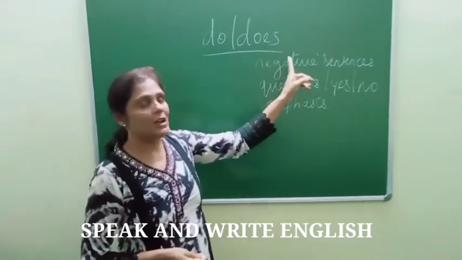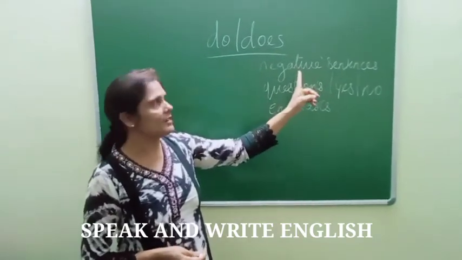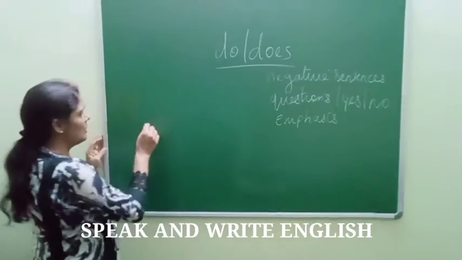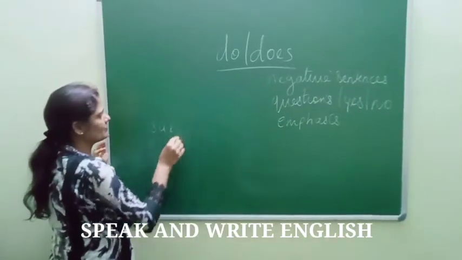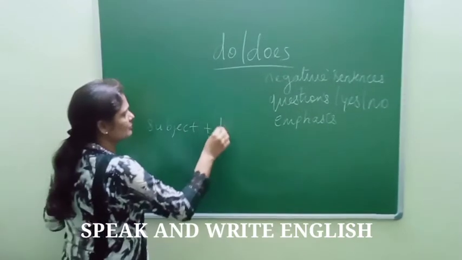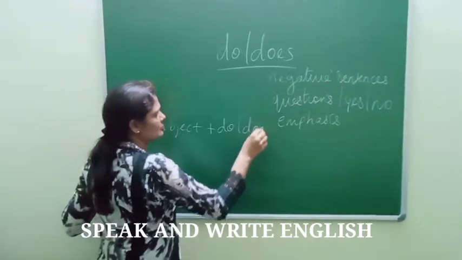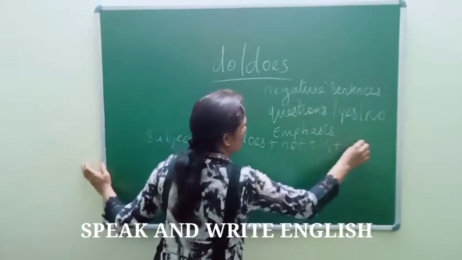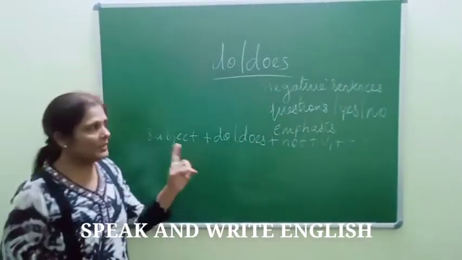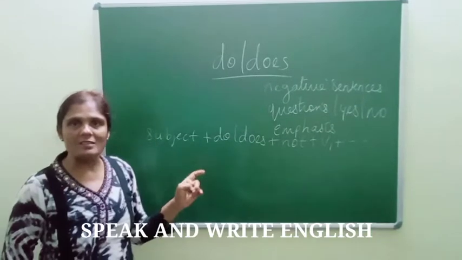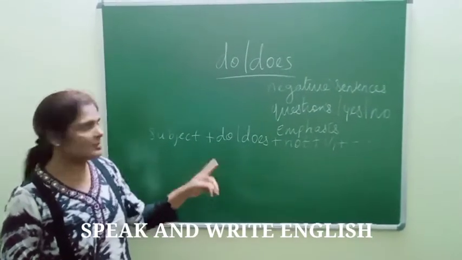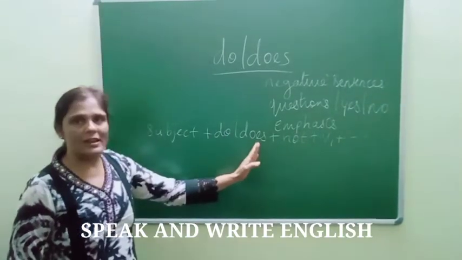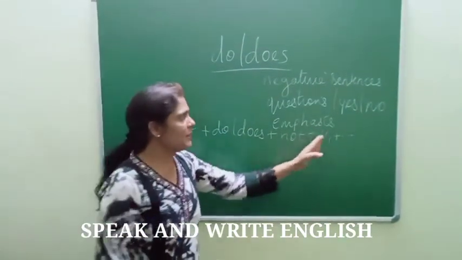Let us understand how the auxiliary do and does is used in the negative sentences. When the auxiliary do and does is used in the negative sentences, the structure will be subject plus do and does plus not plus verb.